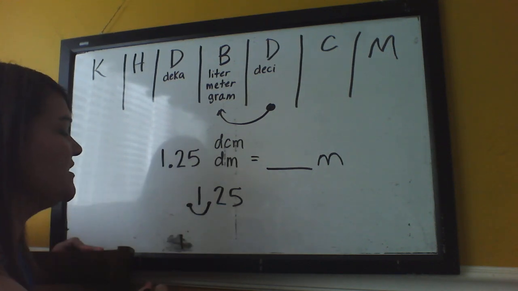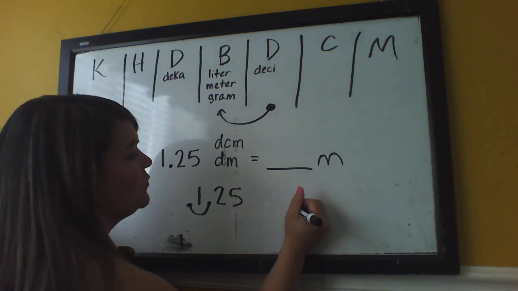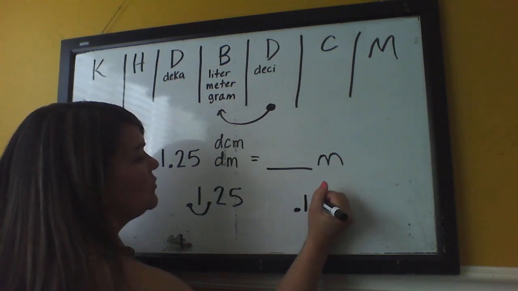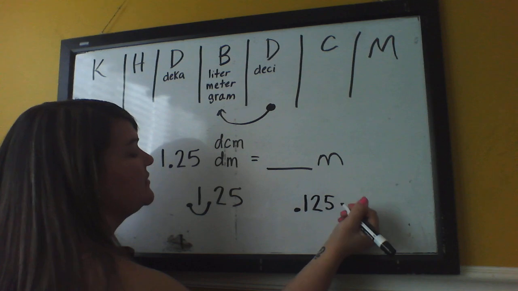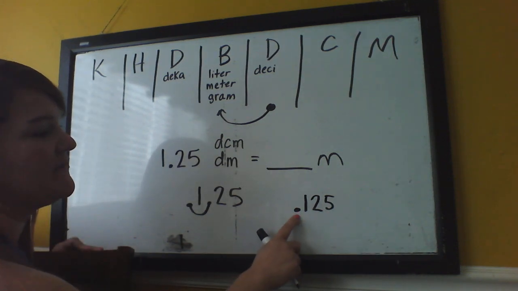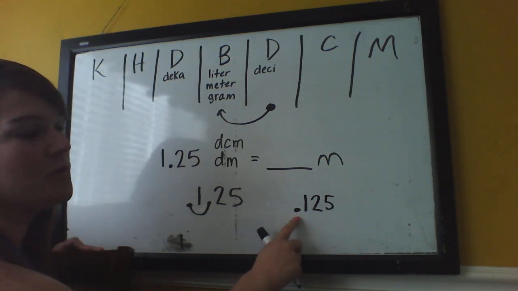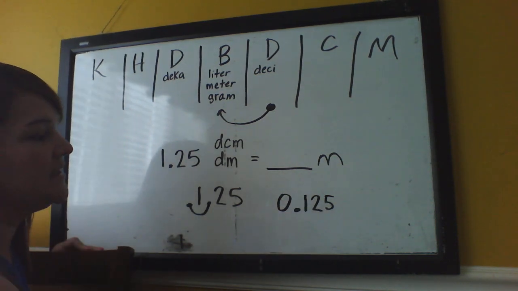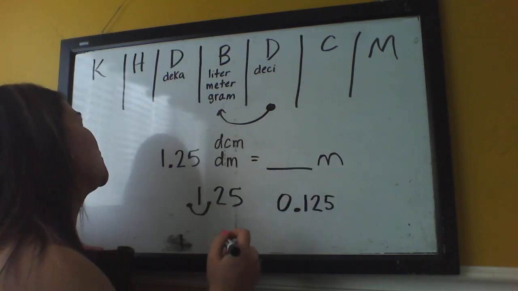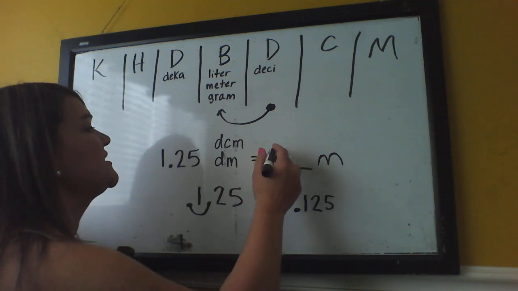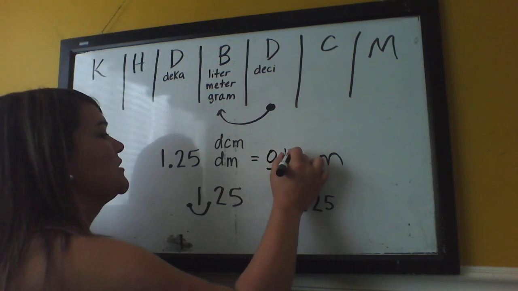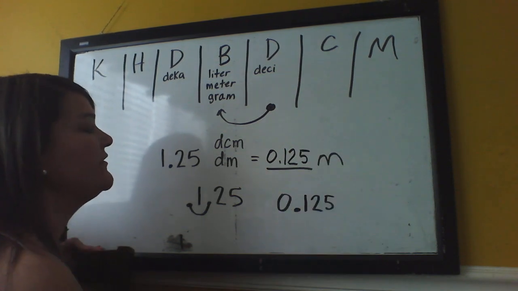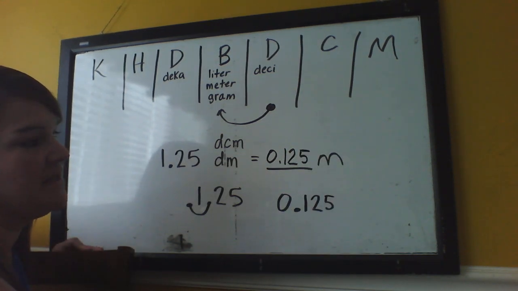So now the decimal is in front of the 1. So you have decimal 1, 2, 5. But if you remember, if you have a decimal in the front, you never want to leave it alone. You want to put a placeholder in front of it. So if I read this, 1 and 25 hundredths decimeters are equal to 125 thousandths of a meter.